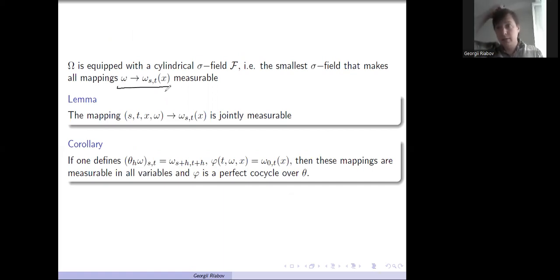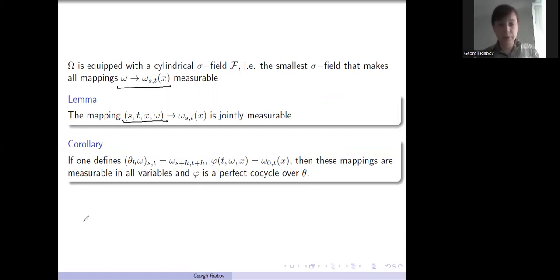And an important feature of this space is that the mapping omega s t x becomes measurable in all variables s, t, x, and omega. This is very similar to what we had in the smooth case.